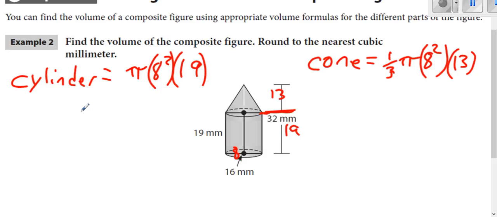So the volume of that cylinder, we get about 3,818.24. And the volume of the cone is about 870.